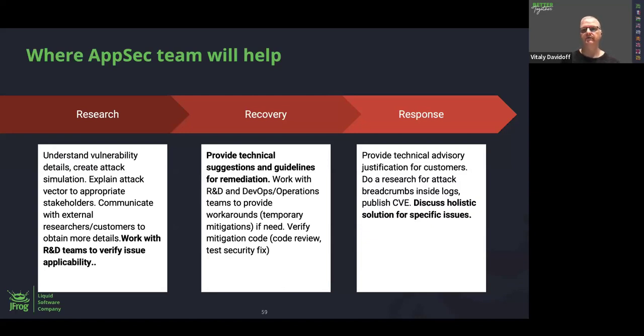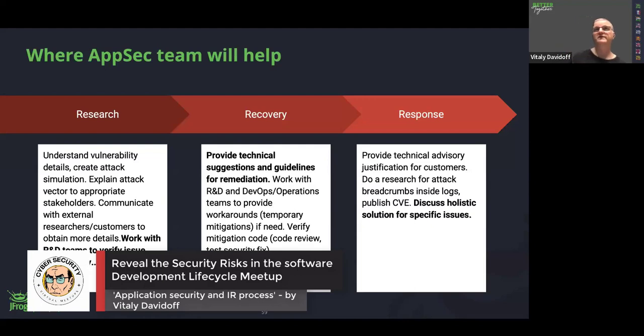So we want to discuss a holistic solution maybe for specific issues, as we can see that a specific service or package failed again and again with critical vulnerabilities, so maybe we need to think about replacing it, or removing this feature altogether, or creating something else.